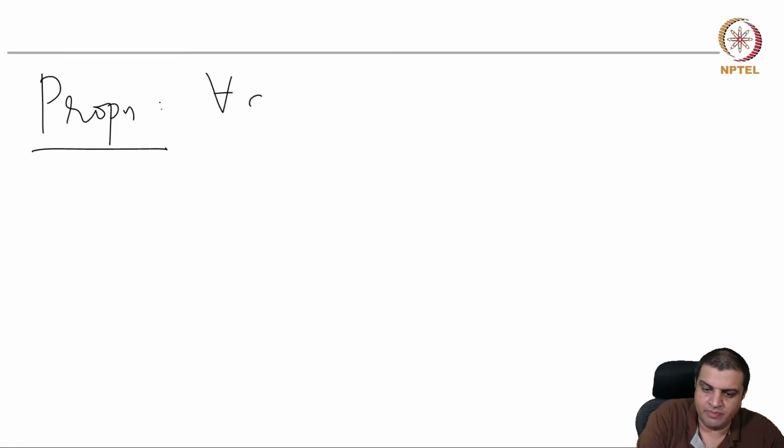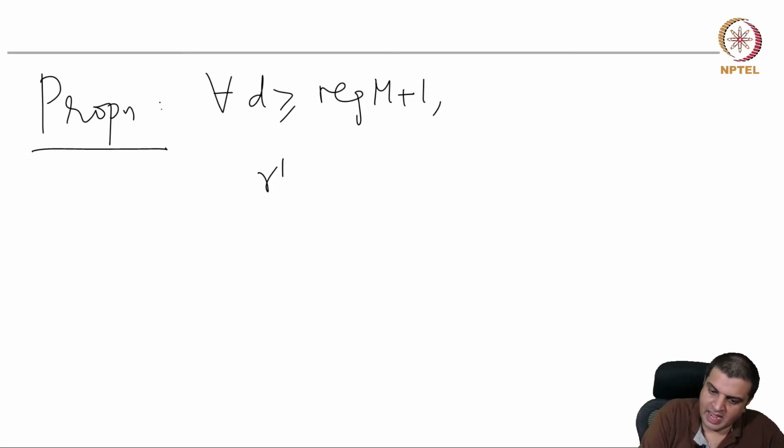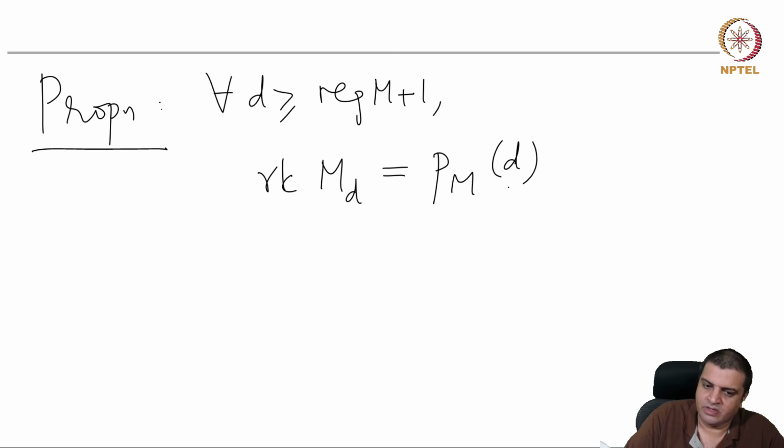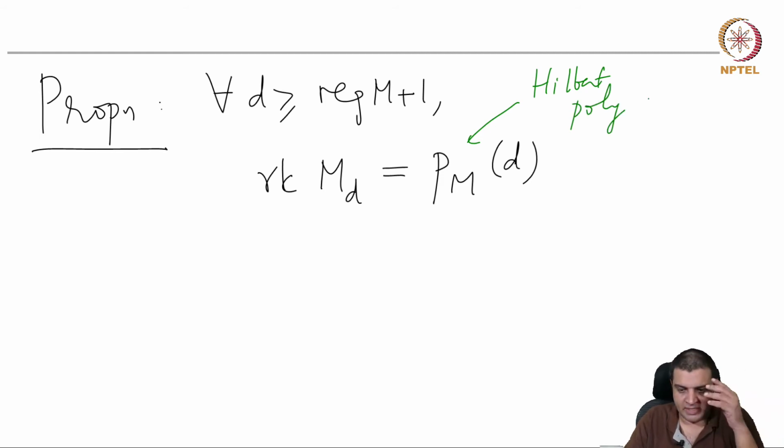For all d greater than or equal to the regularity of M plus 1, the rank of M in degree d is given by the Hilbert polynomial. You do not need anything else; it is actually given by the polynomial. So the difference between the Hilbert function and the Hilbert polynomial will occur before it attains the regularity.